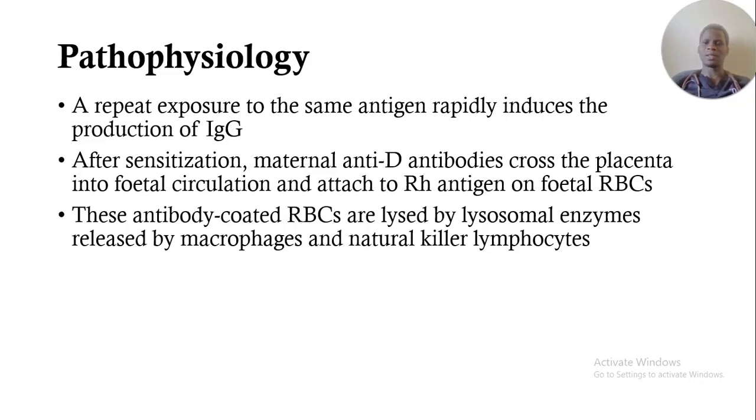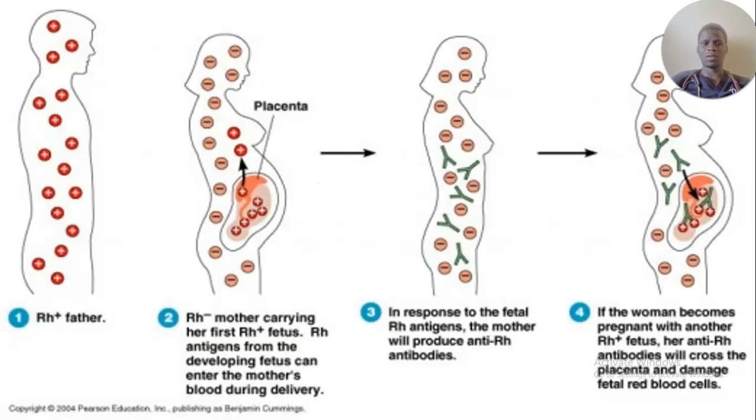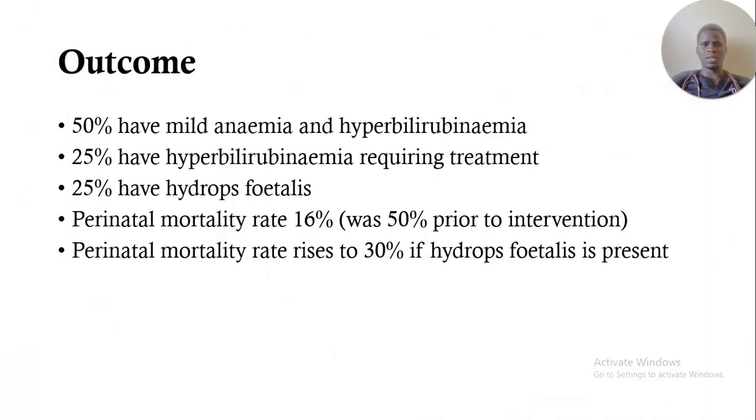So these anti-D antibodies, mainly the IgG, cross the placenta into the fetal circulation and attach to the red blood cells, and they cause hemolysis by the lysosomes produced by the macrophages and the natural killer cells. And this is just an illustration of the pathophysiology.